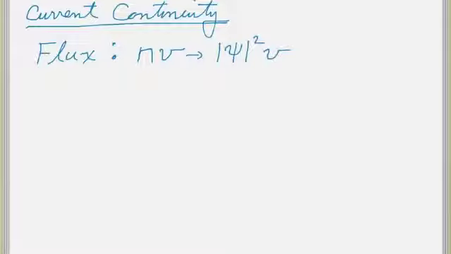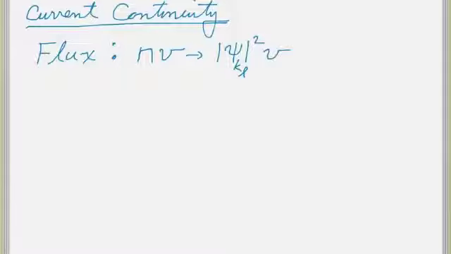And this wave function will be whatever is associated with some incident wave. Let's say we're injecting from the left with some incident k_L. That would be our flux associated with some incident plane wave k_L on the left. This is what we mean by flux.